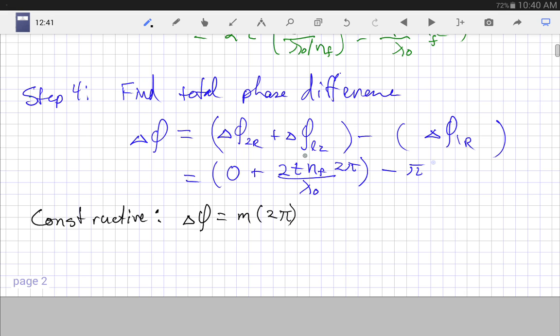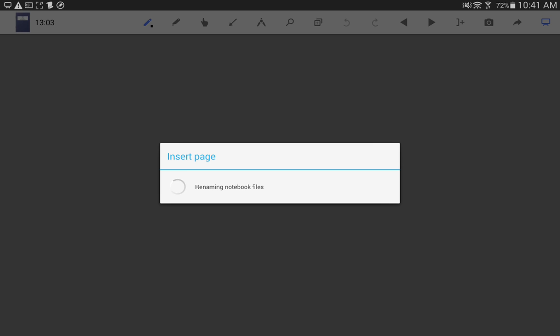So I set my phase difference equal to the condition for constructive interference, and we will find an equation for constructive interference.